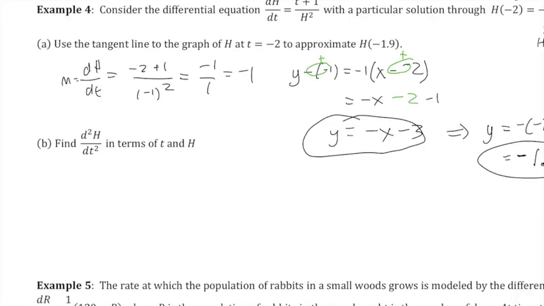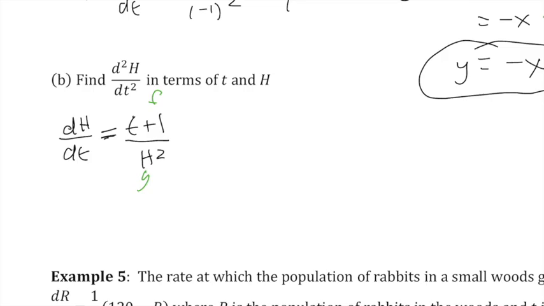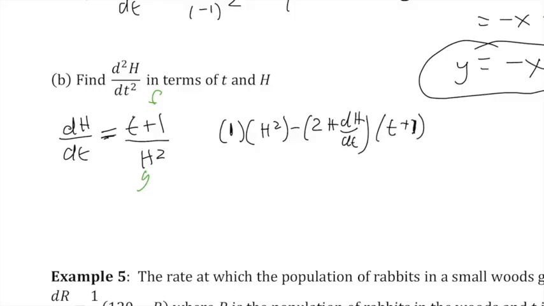Okay, find the second derivative. Okay, so the derivative of the top is just going to be 1 times the bottom minus the derivative of the bottom, which is 2h dh/dt, times the top, all over h squared, which would be h to the 4th.